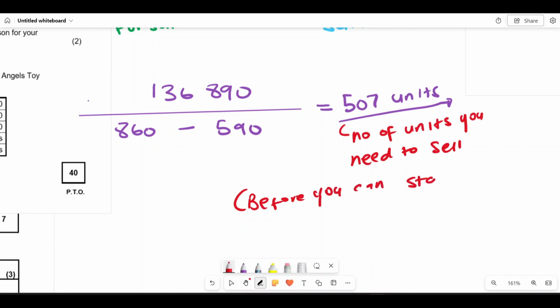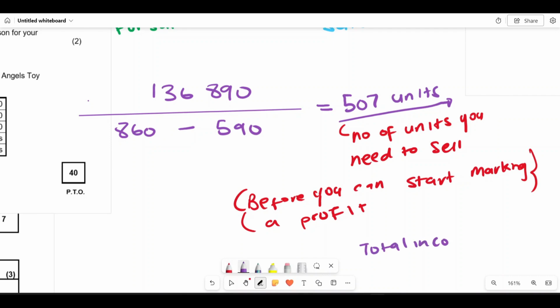Meaning that if you sell 507 goods, your total income will be equal to your total expenses. So your profit at this point is zero.